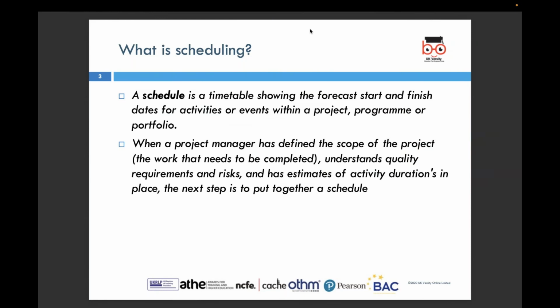By creating a comprehensive schedule, project managers can identify critical paths, which are the sequences of activities that must be completed on time. They can also identify potential bottlenecks or areas where resources may be over-allocated, allowing them to make necessary adjustments and optimize the project execution.